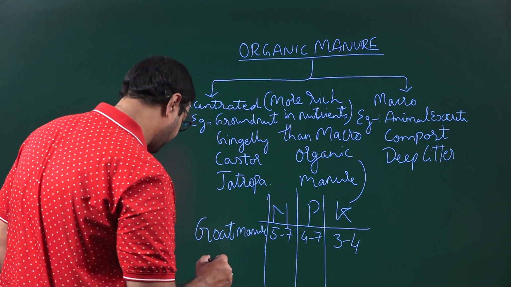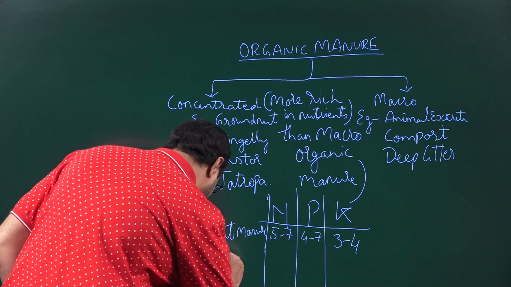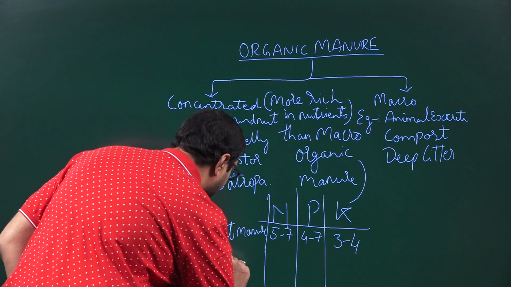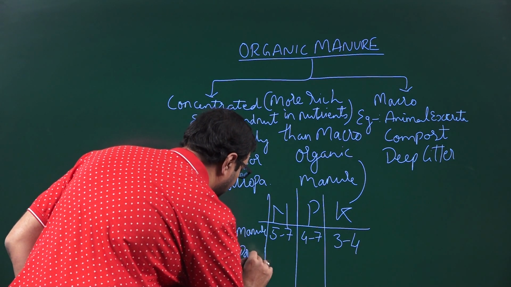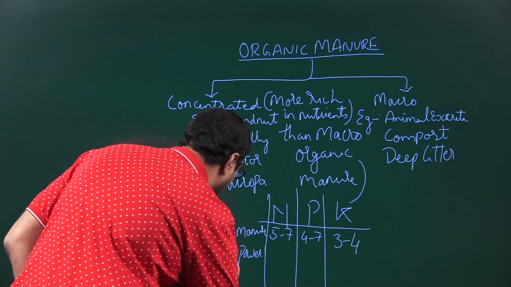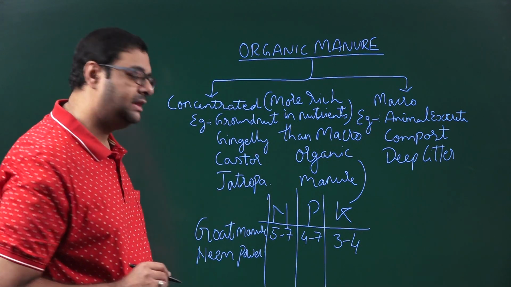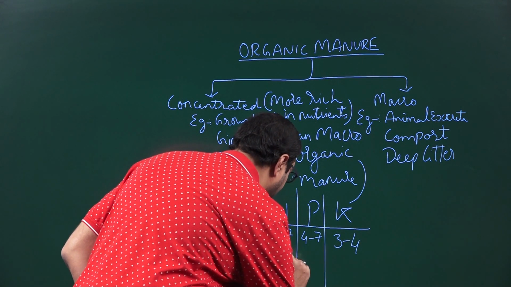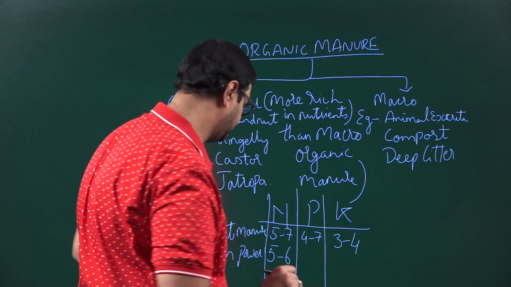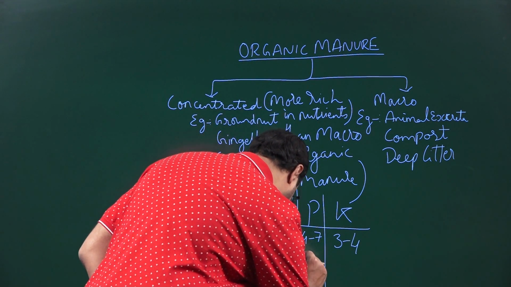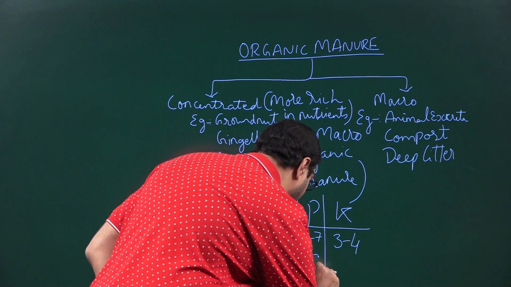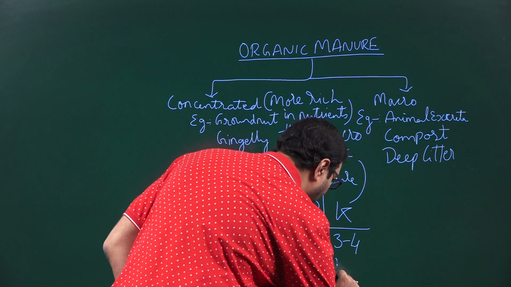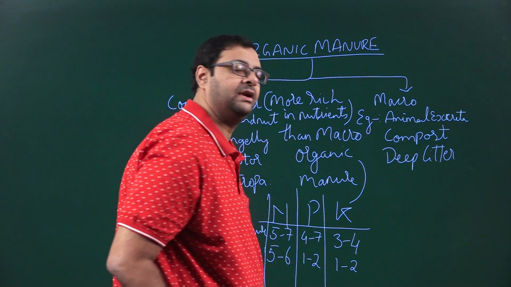Now if we take one more example, neem powder, we have nitrogen as 5 to 6 kg per ton, then 1 to 2 kilograms per ton of phosphorus, and 1 to 2 kilograms of potassium.